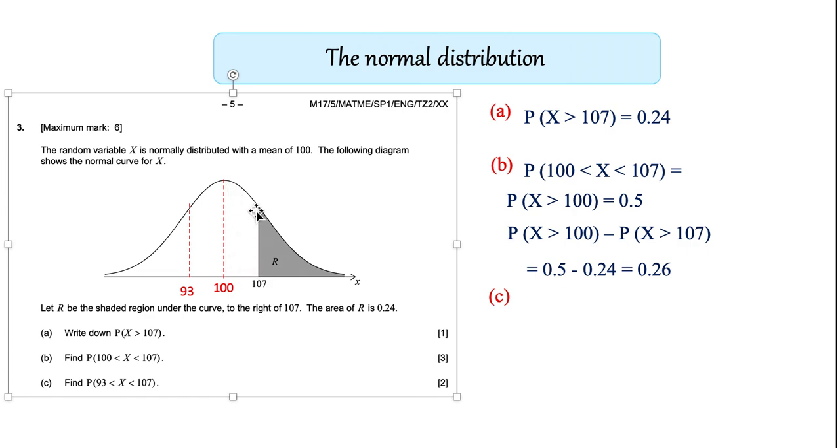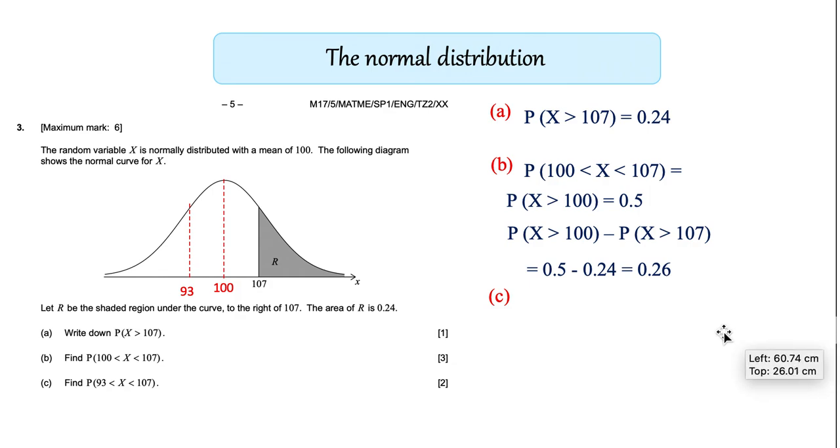So this is quite useful. This is why the symmetrical characteristic of this curve is very important. So your question is the probability between those 2 points. You already know what between 100 and 107 is, because we just found it here. It's 0.26.